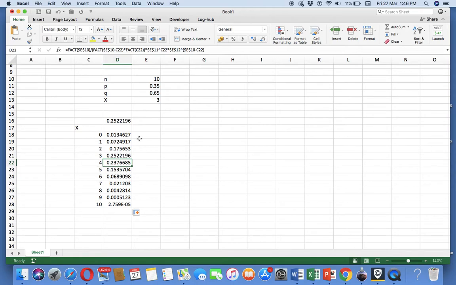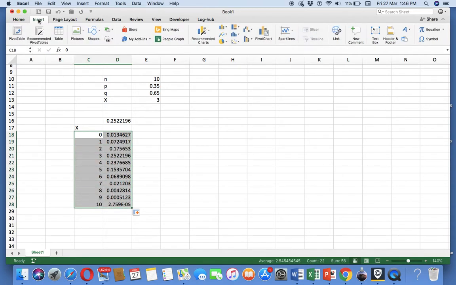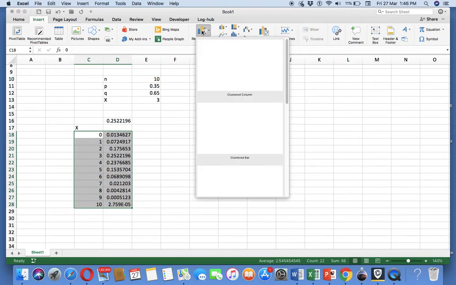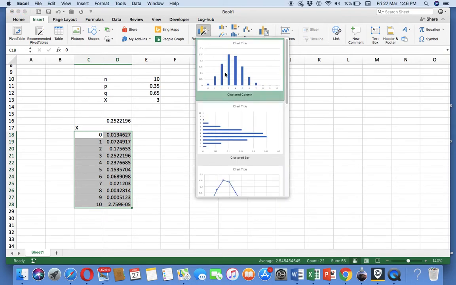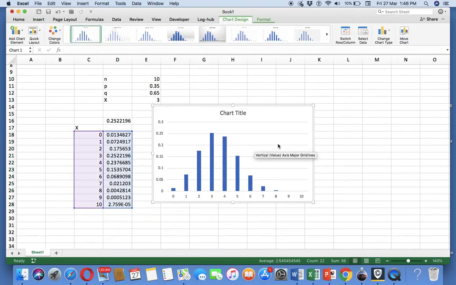Now this is called the probability density function. So if I were to plot this for different values of x here, I'll get the probability density function.